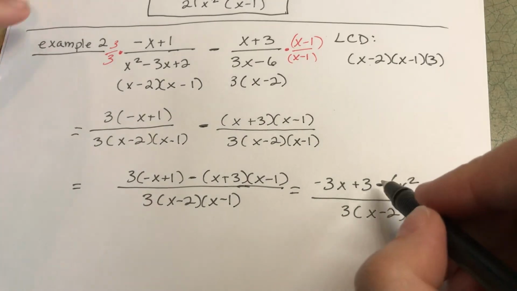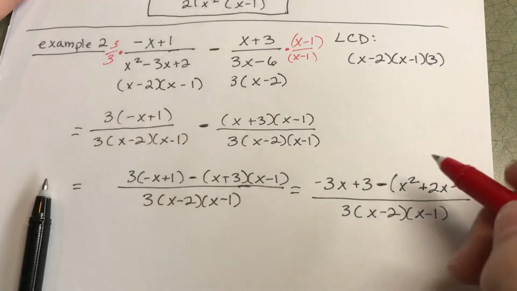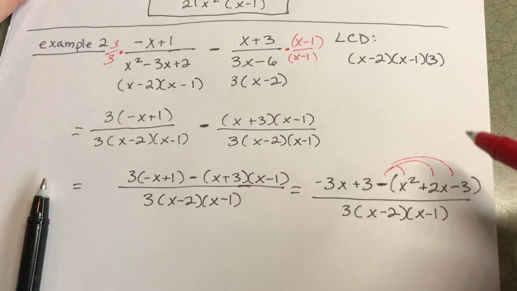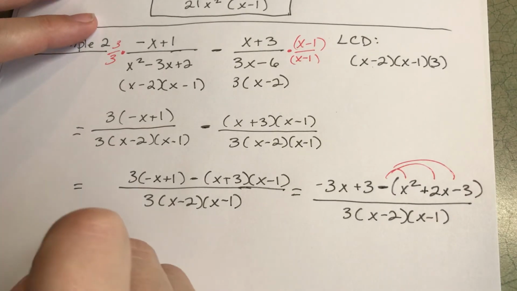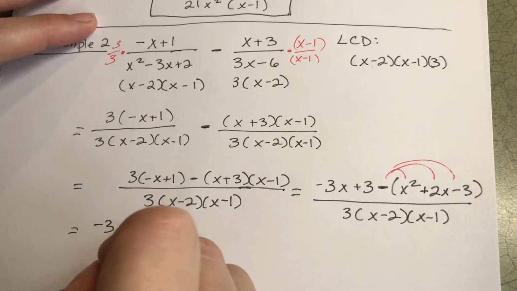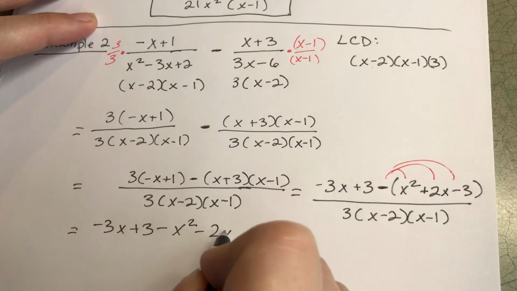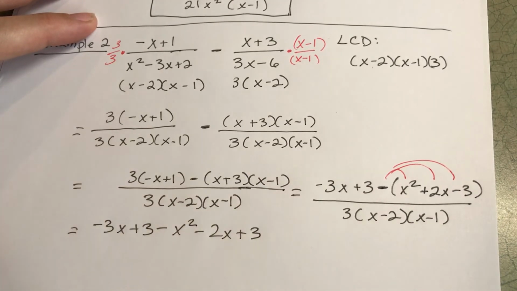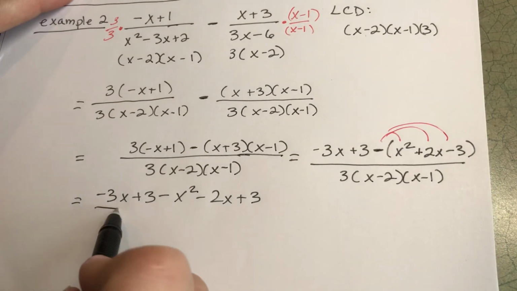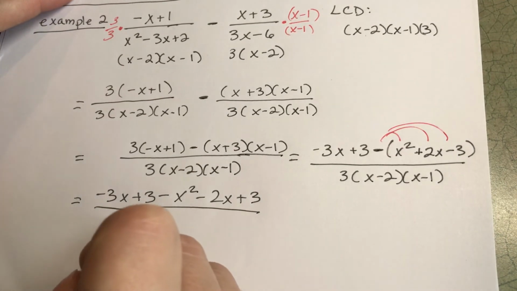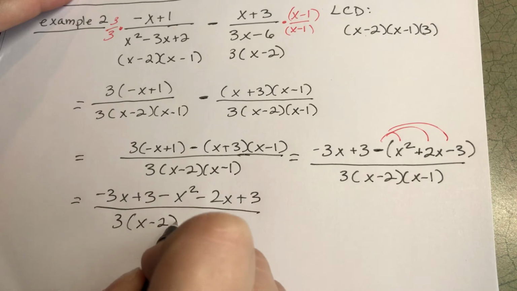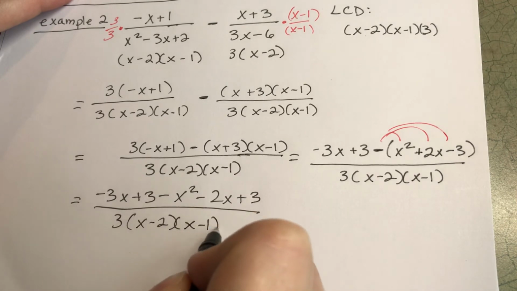Okay, now I'm going to distribute this negative. So I have negative 3x plus 3 minus x squared minus 2x plus 3, all divided by 3 times x minus 2 times x minus 1.